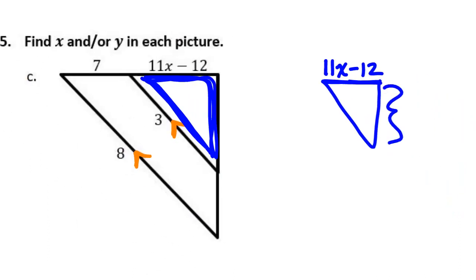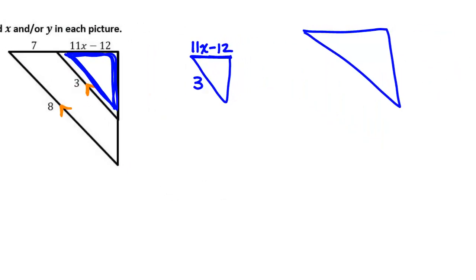How big is this side? We don't have that one. This side right here, though, is 3. All right, big triangle. How big is this side? 8.